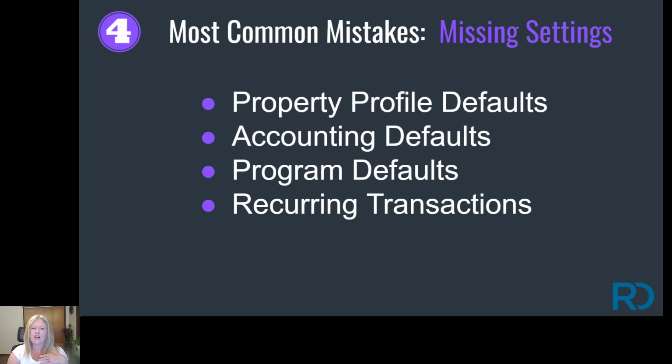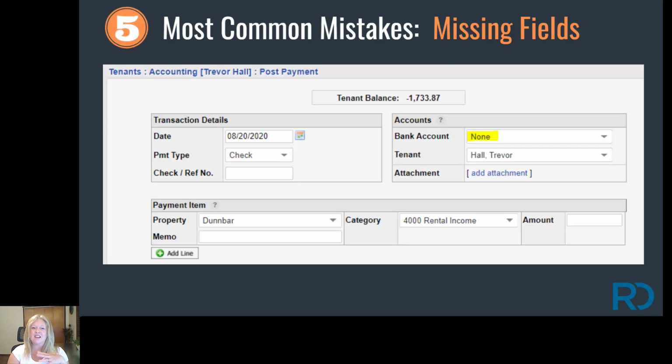If they're not, it could be related to one of those particular settings. This comes up a lot when clients are trying to reconcile their Rentec Direct account and they wonder why their ledgers aren't correct.